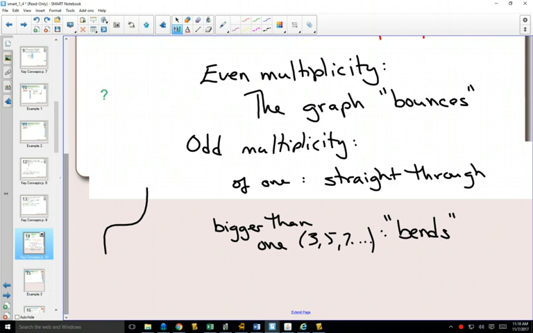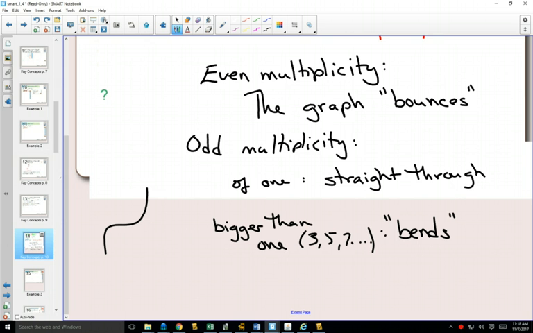So now when we're factoring, we first of all know the end behavior. After we know the end behavior, if something has a multiplicity bigger than 1, then it's going to either bounce or bend. And if the factor only happens once, it'll go straight through at that place.